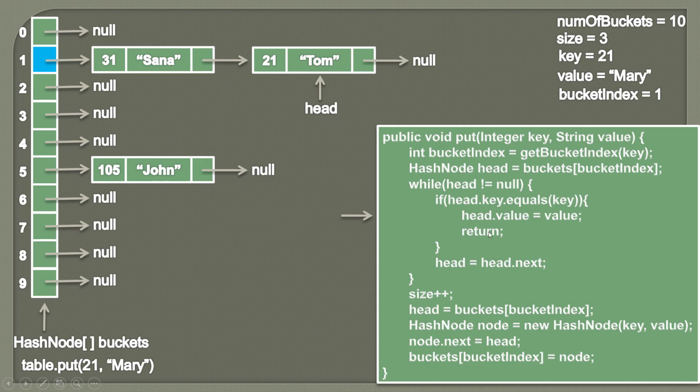What we do is we simply assign the value Mary to head.value. So head.value is Tom, which will be updated by Mary. So here we are simply updating the value with the recent value. Old value is discarded and the size of the hash table remains the same because key is already present. And after updating the value, we simply return from this method.